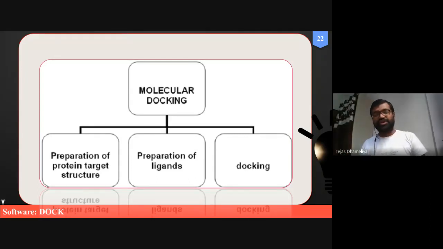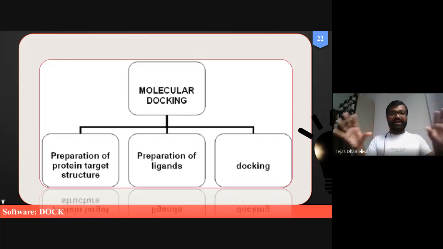If you go to the web page of this RCSB PDB, you will find it composed of several proteins. It has been decided by the scientific community that whenever a new protein, which is bound with a complex or free from ligand, is determined, its coordinates should be deposited in this protein data bank. It is RCSB, not RSCB.